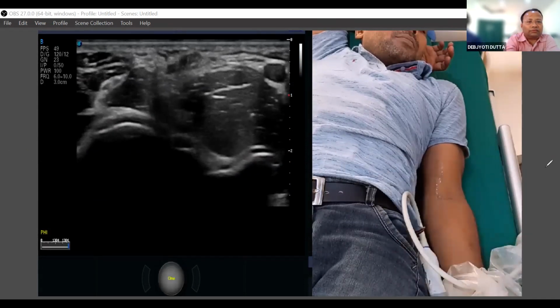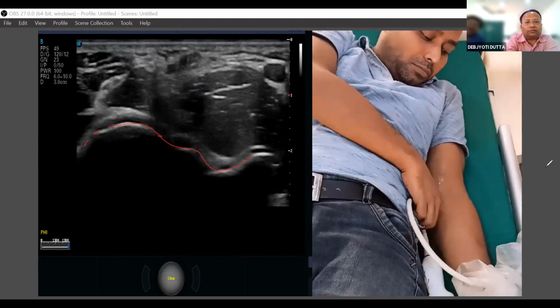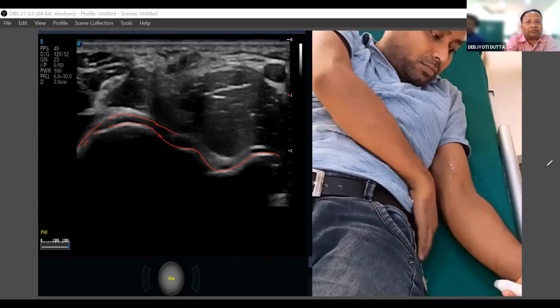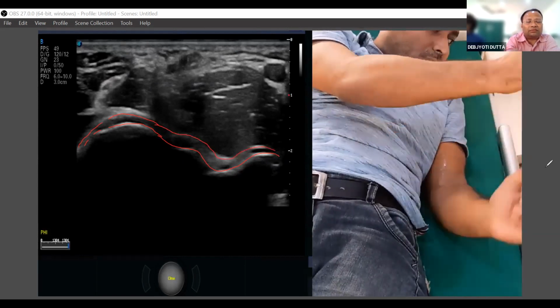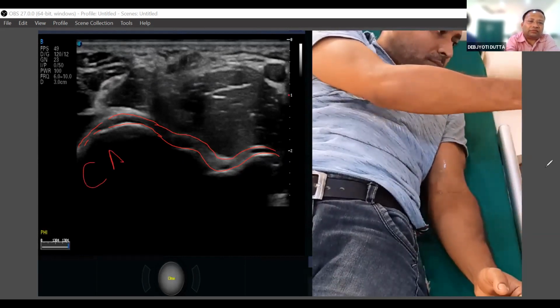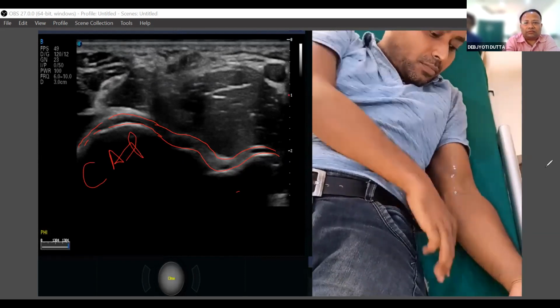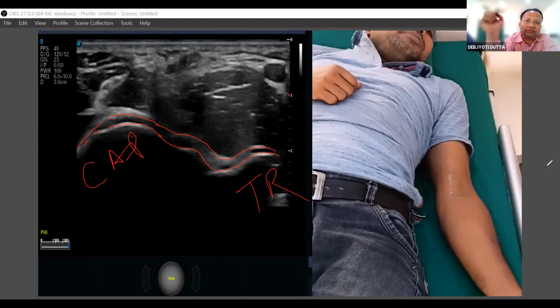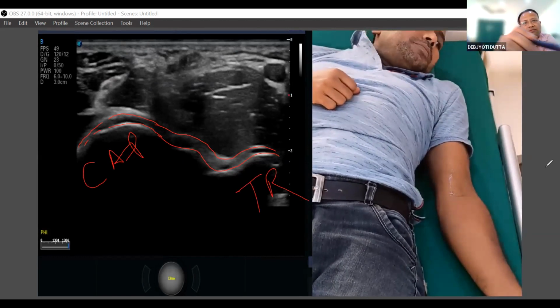So this left side, what Dr. Roy is drawing, this left portion is the capitulum portion. And the right portion, you can see on the screen, this is the trochlear portion. Now, if we check this left portion, first I am describing the bone only.